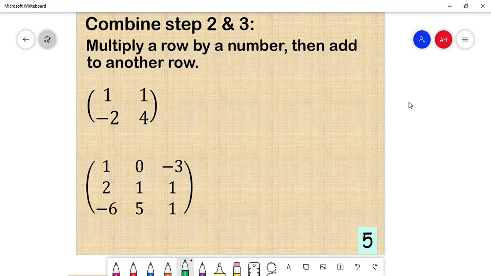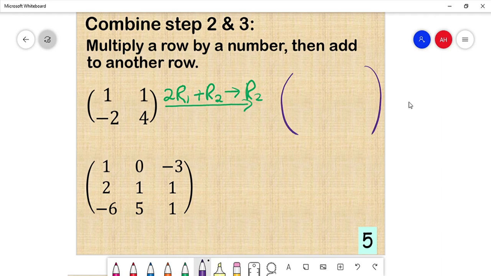For example, for this 2 by 2 matrix, we want to multiply row number 1 by 2, add it to row number 2, and write the answer in row number 2. Let's see what we get. Again, row number 1 is still the same, that is 1 and 1.